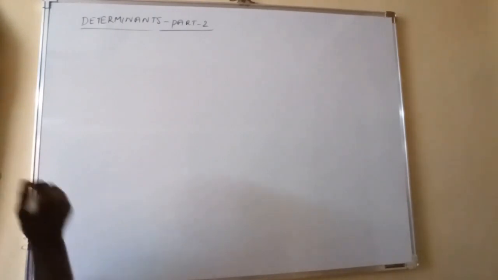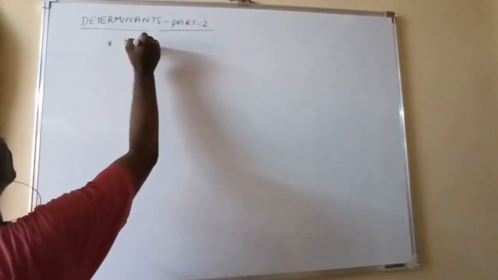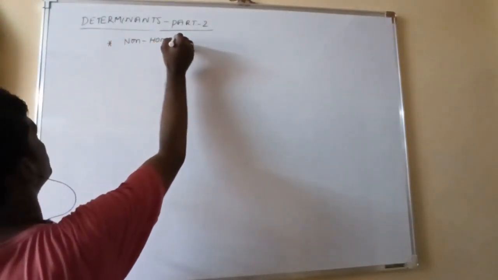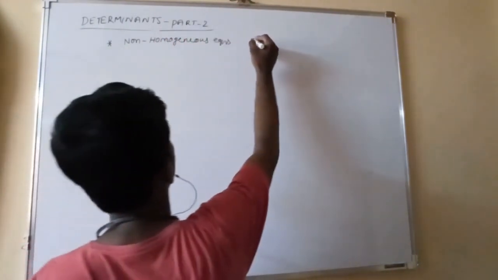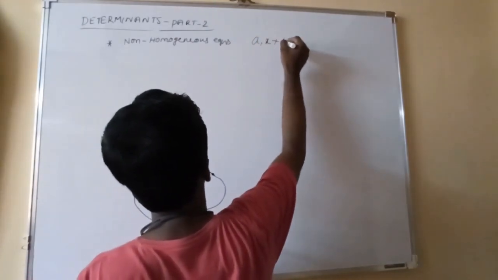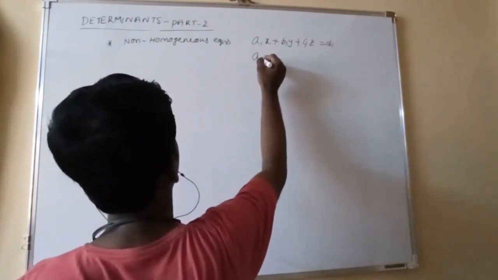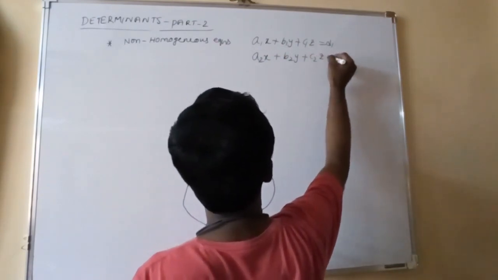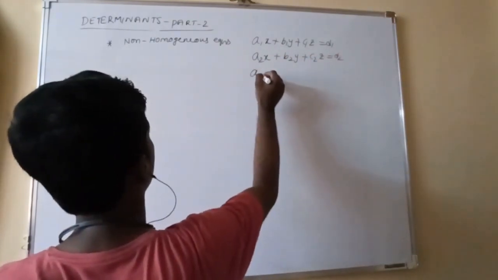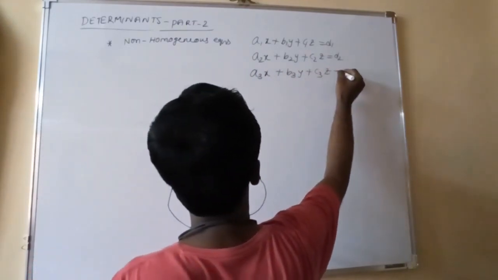Next, consider a system of non-homogeneous equations, like a1x plus b1y plus c1z is equal to d1, a2x plus b2y plus c2z is equal to d2, and a3x plus b3y plus c3z is equal to d3.